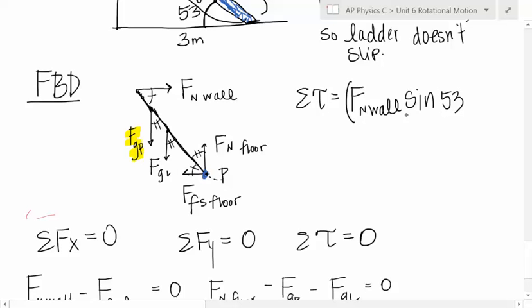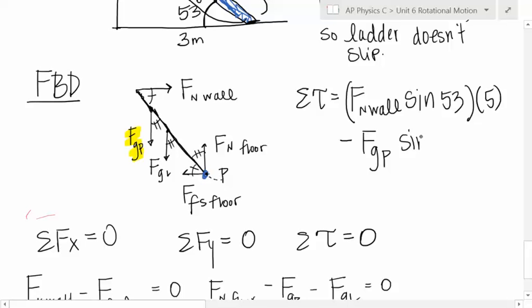And it's at a distance that's equal to the length of the ladder, which was 5. But then minus the gravitational force on the person. But again, it's not perpendicular to the ladder. It's at an angle of 37 degrees to the ladder.